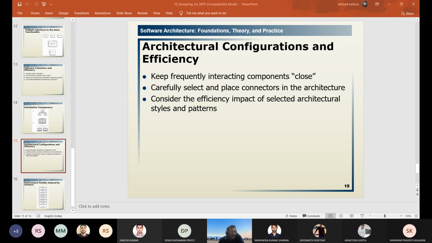People think something initially, then they find problems, and they change over. What is the impact on efficiency of this particular style? Whether the style you are accepting is properly efficient or not. Accordingly, you fix up the quality of the proposed architecture.